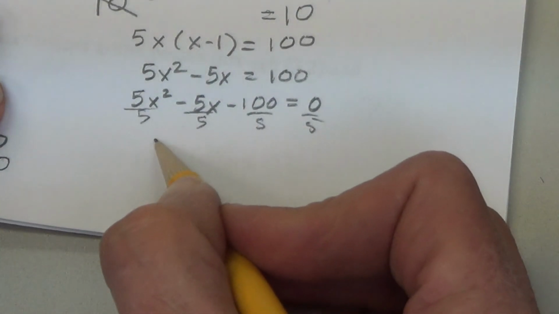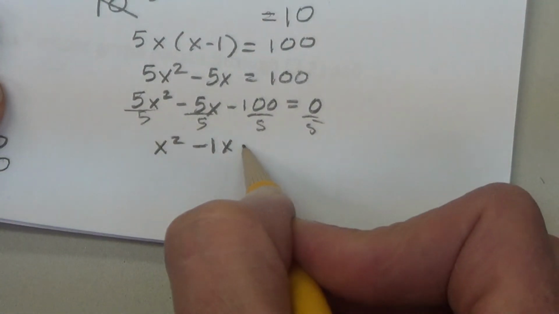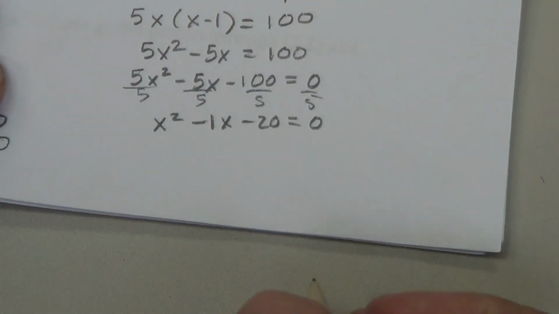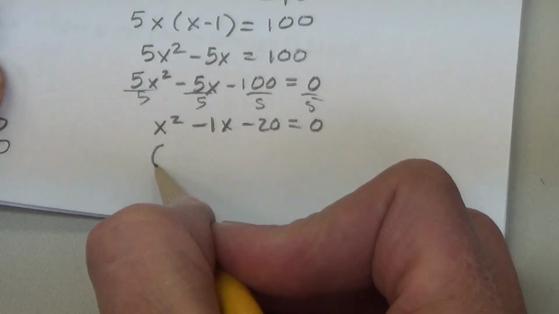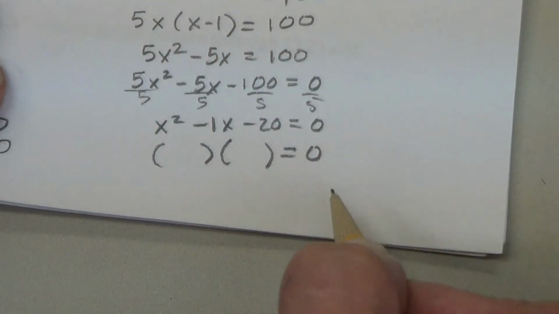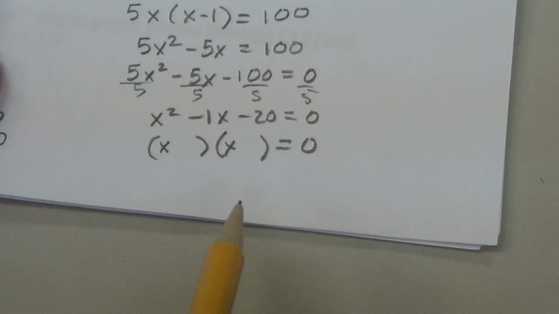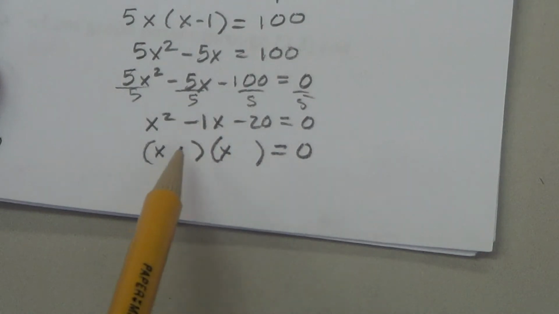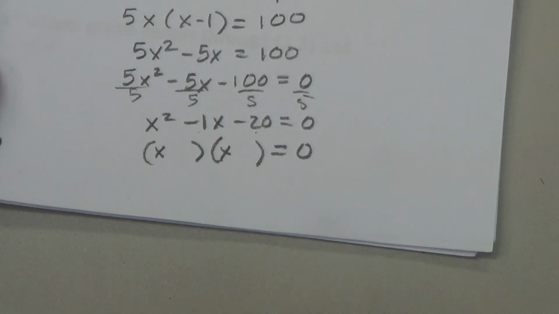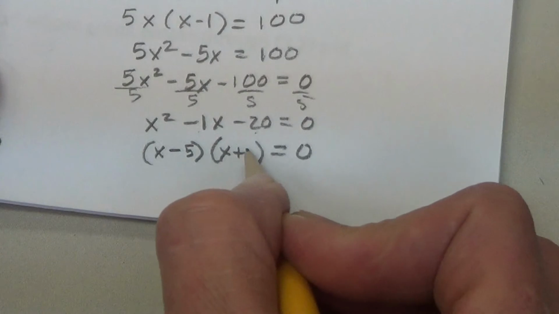And we would have x squared minus 1x minus 20 equals 0. Go to our shortcut for factoring. Bring in x and x. What numbers multiply to be negative 20 and add to be negative 1? Be a negative 5 and a positive 4.